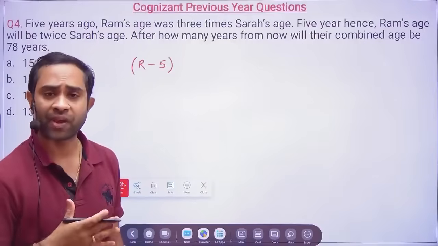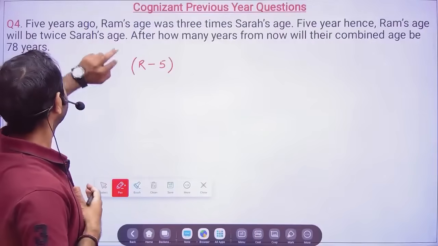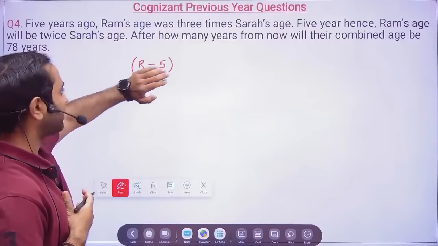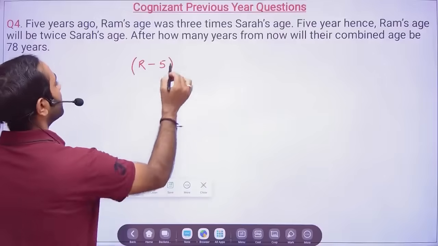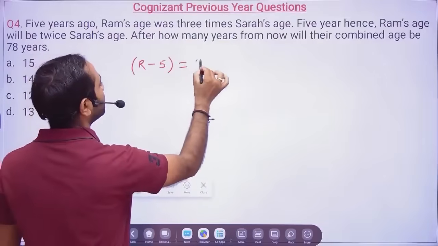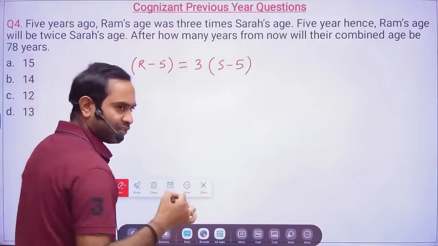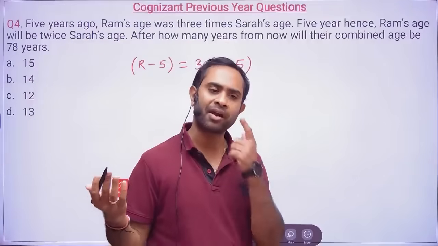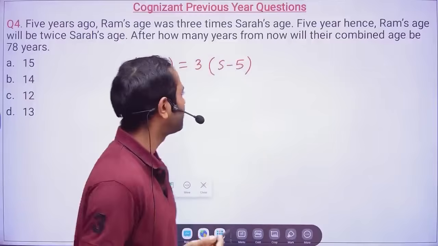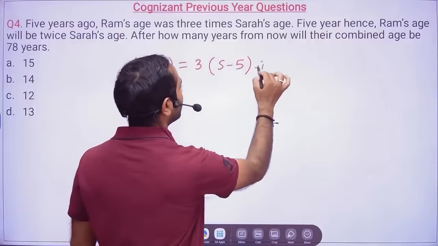Sir, 30 minus 5 is 25. So today if Ram's age is R, then 5 years ago it is R minus 5. Sarah's age also, whatever is today, 5 years ago it will be what? Sir, it is S minus 5. Okay, fine. So this is my equation 1, sir.